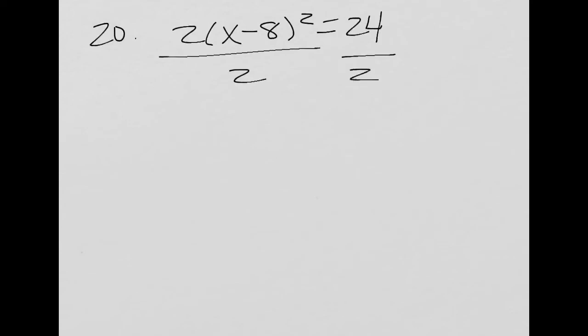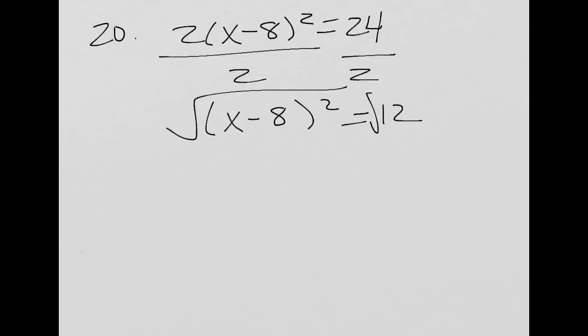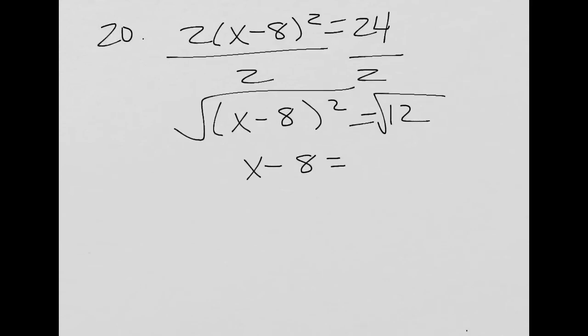Number 20, a little bit different, same principle. So we'll divide by 2. So we get x minus 8 squared equals 12. I got to get rid of the squared, so I take the square root. I took a square root while solving an equation, so I get a plus or minus. 12 is not a perfect square, so I break it down.